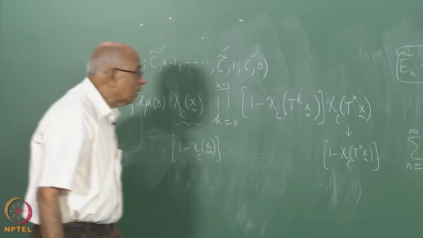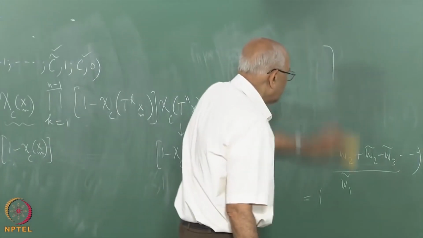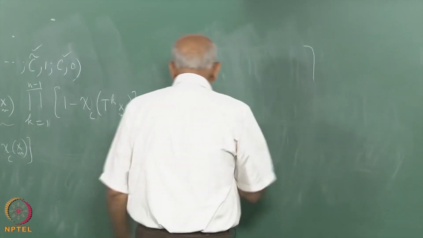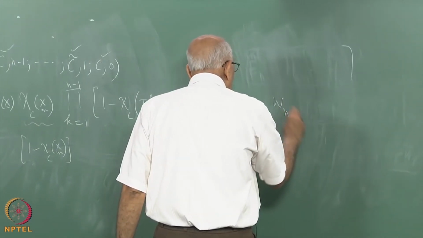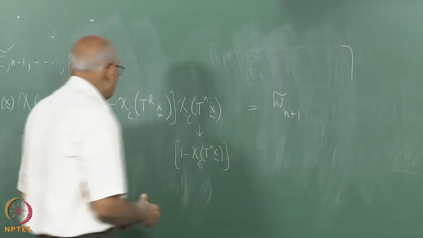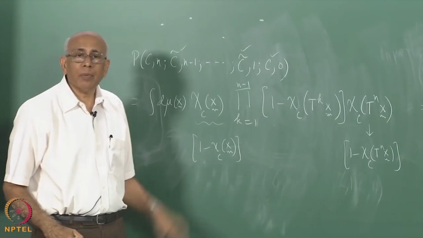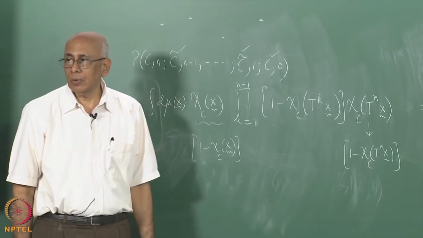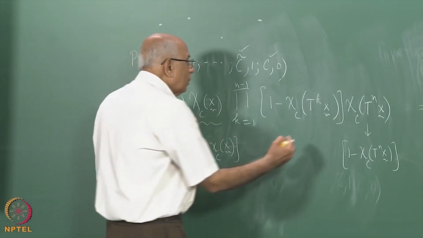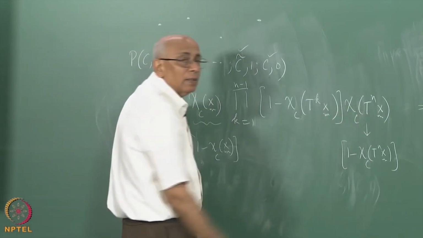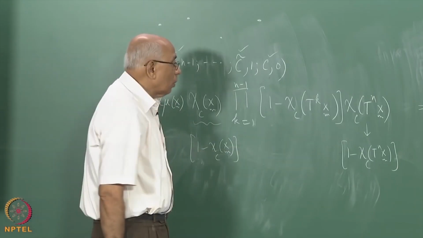So it is not hard to see that this becomes equal to W n plus 1 tilde, because from 0 to n you are in the complement, and that joint probability we call W n tilde. And then the term which involves just the chi and chi on both sides is also sitting there.